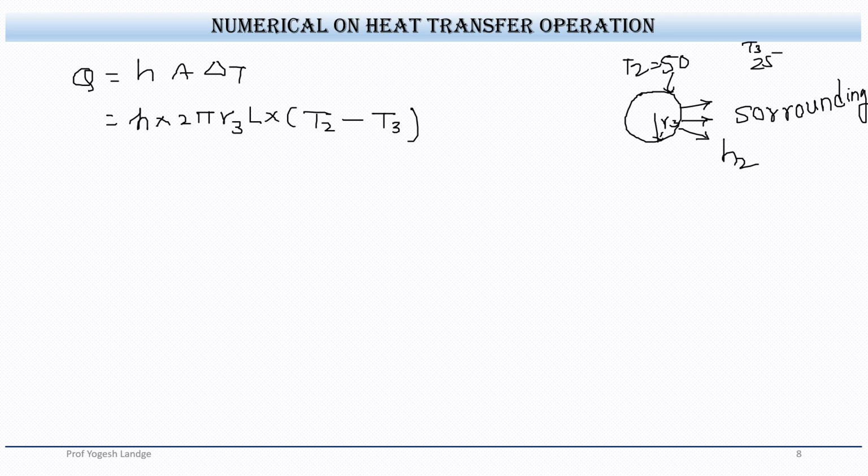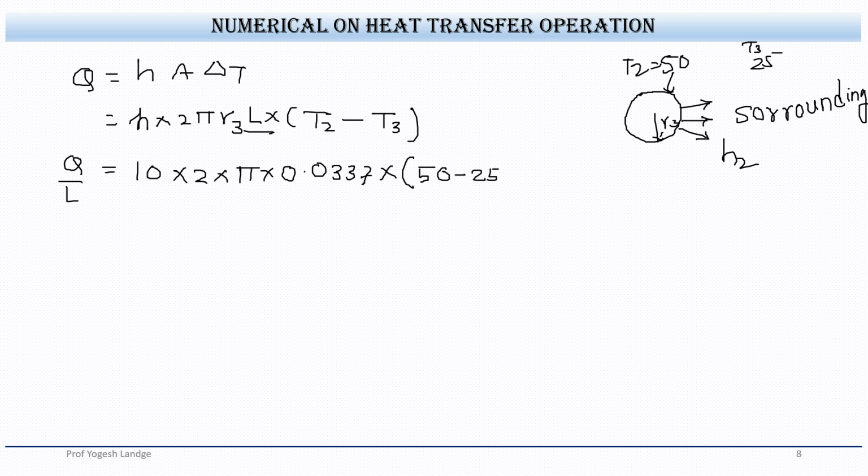We write the value of H, which is 10 in the data, into 2 into the pi value, which is a constant, into the R3 value which we calculated, 0.0337, multiplied by L. I take L to this side, so Q by L, because we are interested to know the value of Q by L, into the temperature 50 minus 25.